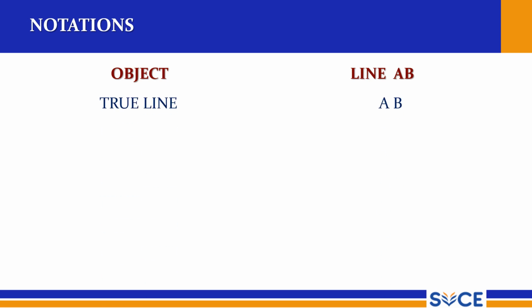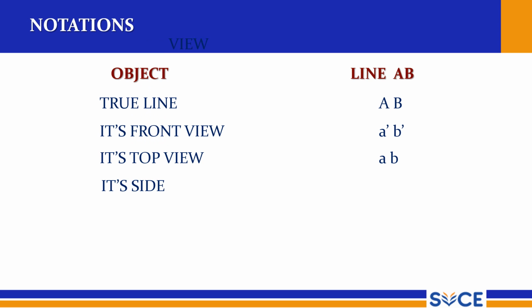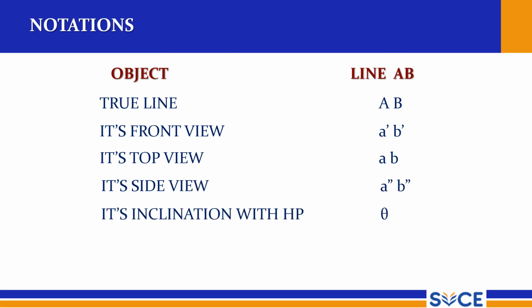Its front view is A dash B dash, and whenever you represent a front view, you should notate it with a dash, that is A dash B dash. Its top view is ab, and its side view is A double dash B double dash. Its inclination with HP is theta, and the inclination with VP is phi.